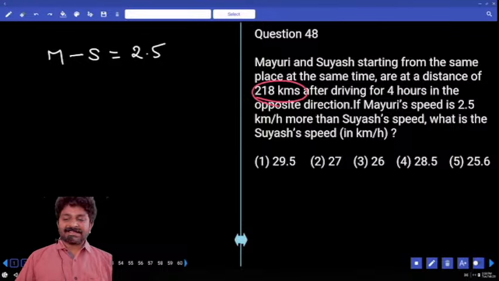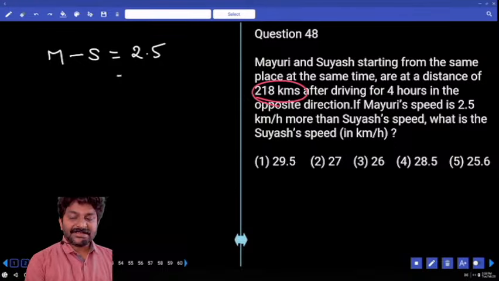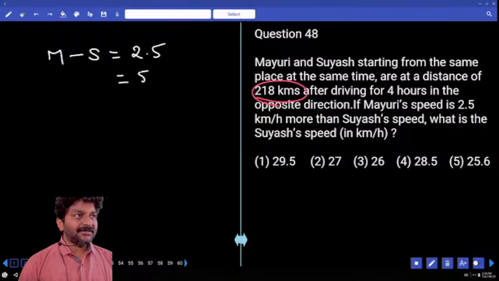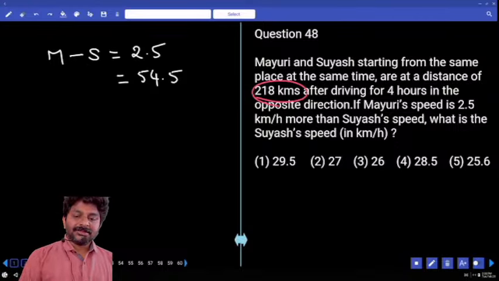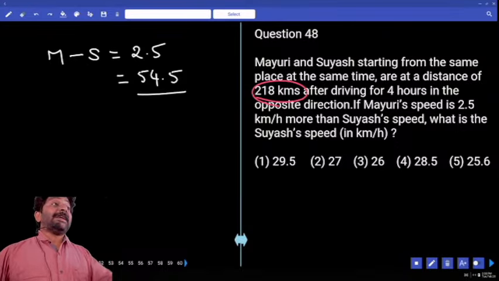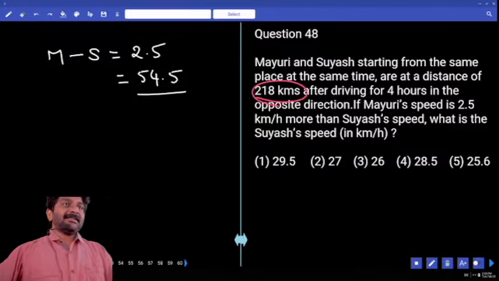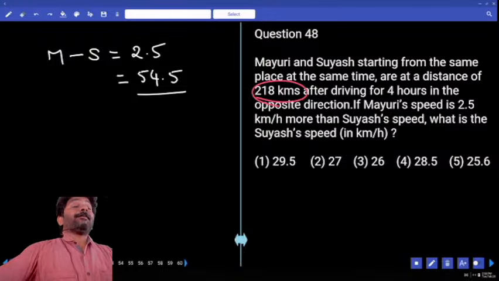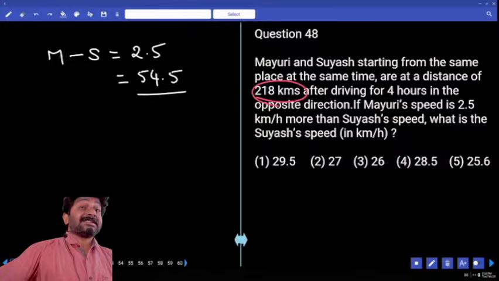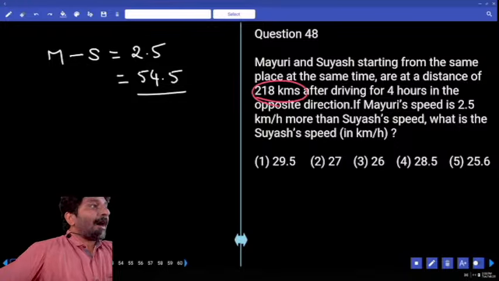Then per hour in the sense divided by 4 only, which is equal to 54.5 kilometers. 54.5 kilometers is the distance that they cover in 1 hour while traveling in opposite directions.